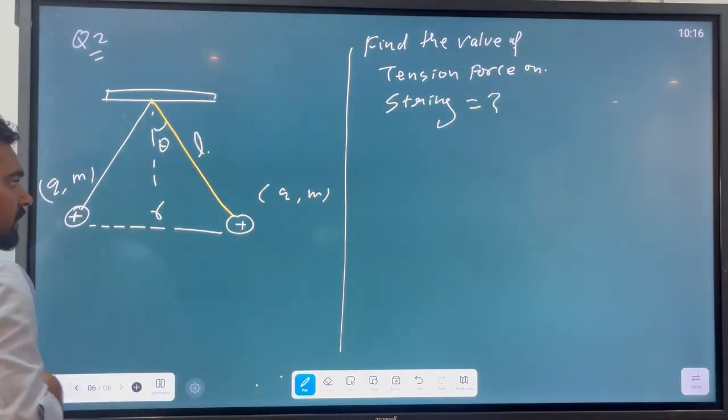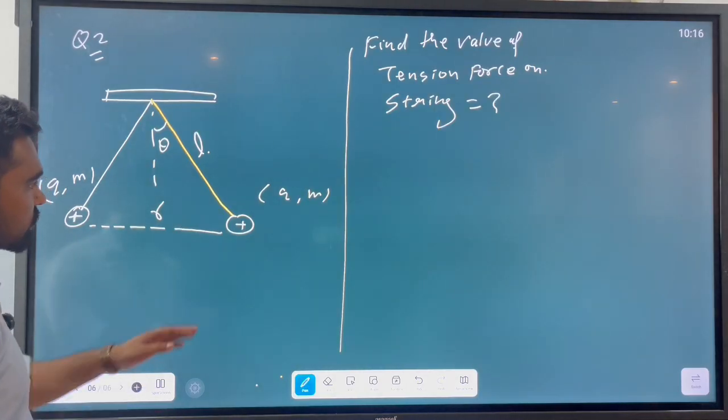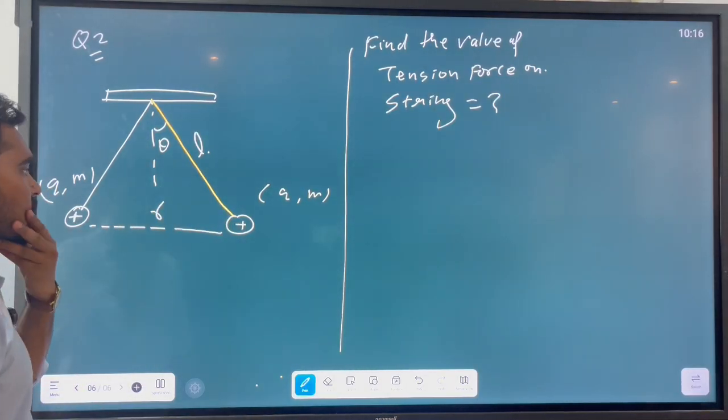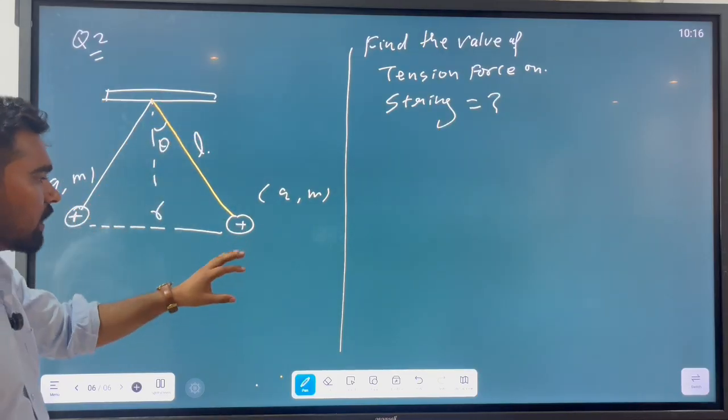Initially we want to calculate the value of the Coulomb force according to the given diagram.